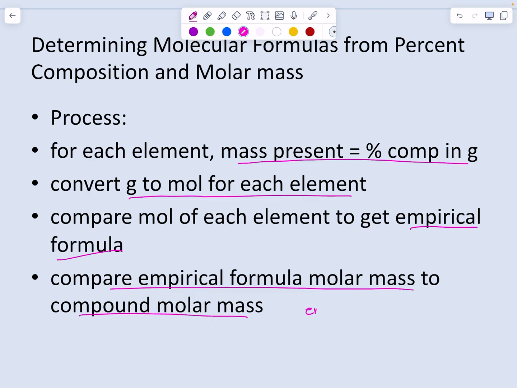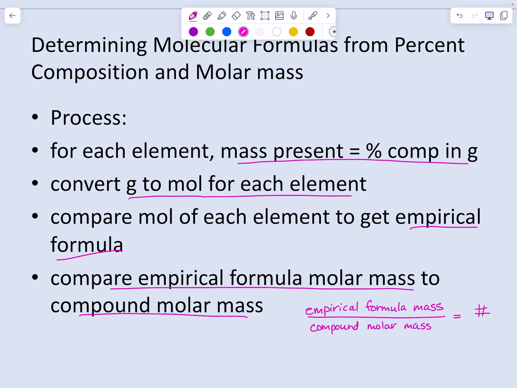So we're going to take the empirical formula, and we're going to divide it by the compound mass. And that's going to give us a number, and that number is what we're going to multiply the subscripts in our empirical formula by to get our compound formula, okay?